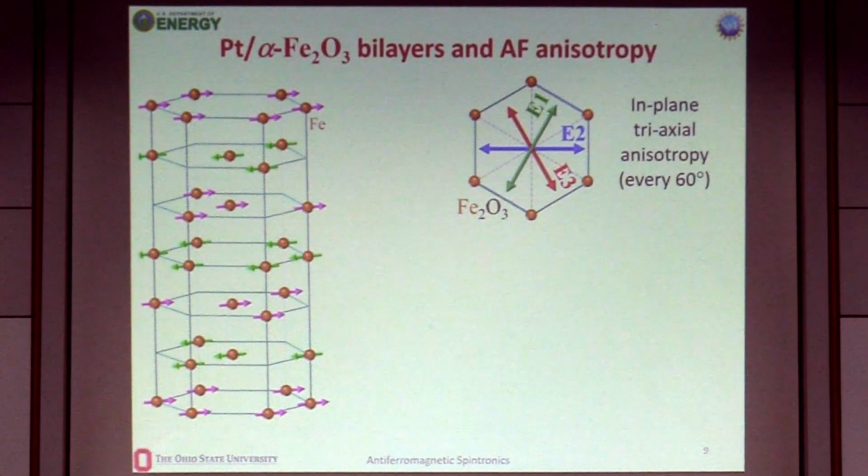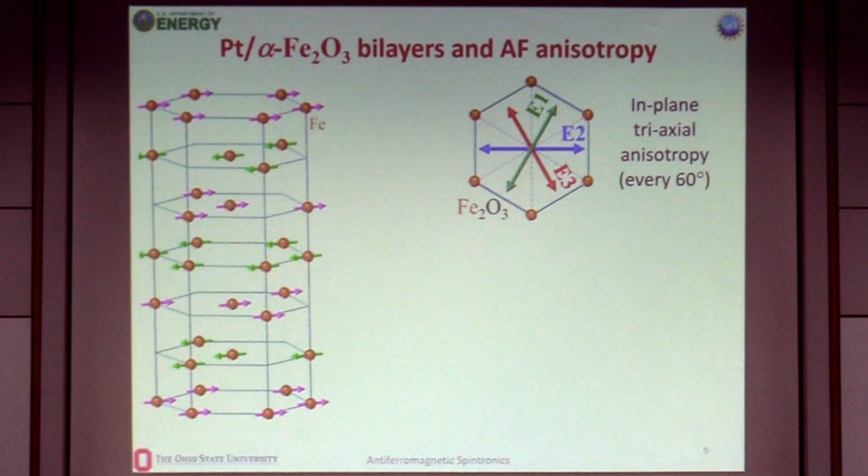All right, so now let's look at the 0001 surface of this hexagonal lattice. So it's obviously a hexagon. In this case, you have the iron atoms at the corners. And from the previous literature, it turned out the spins stay in plane. So it really doesn't want to stay out of plane.